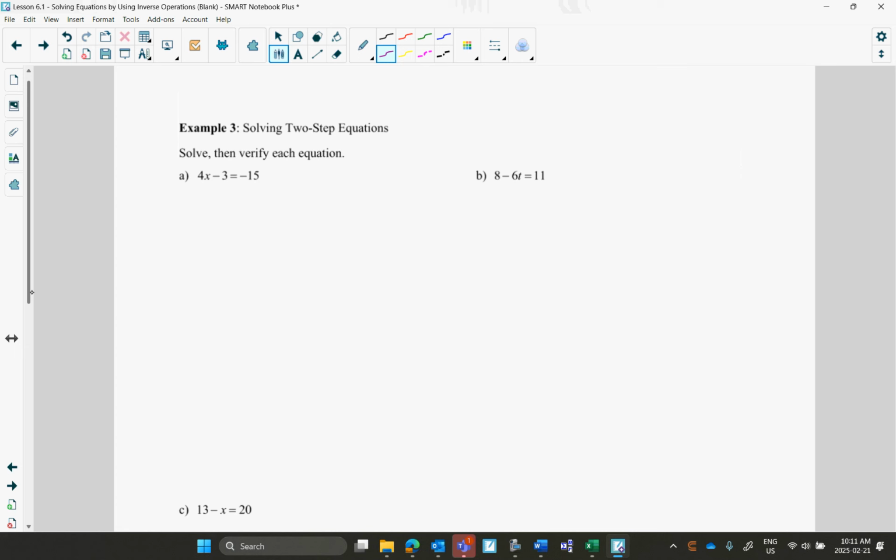So let's look at these things. A is very similar to what we did in that first example, that first two steps. What am I going to do first?